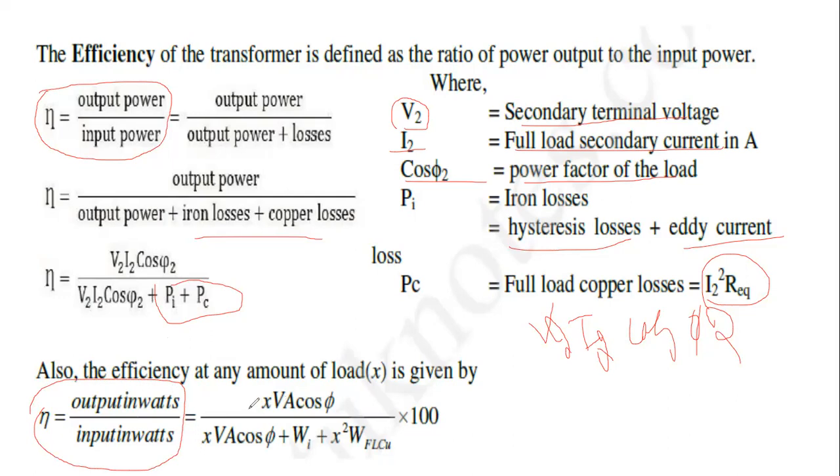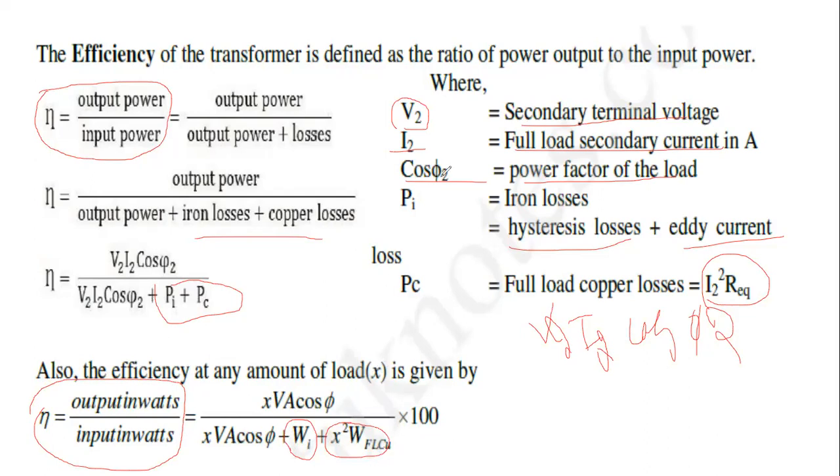What is the output? x VA cos phi, where V is the secondary voltage and I the full load current, and cos phi is the power factor. Efficiency equals x VA cos phi by x VA cos phi plus Wi, where Wi is the iron losses, plus x square Wc, where Wc is the copper losses, into 100.